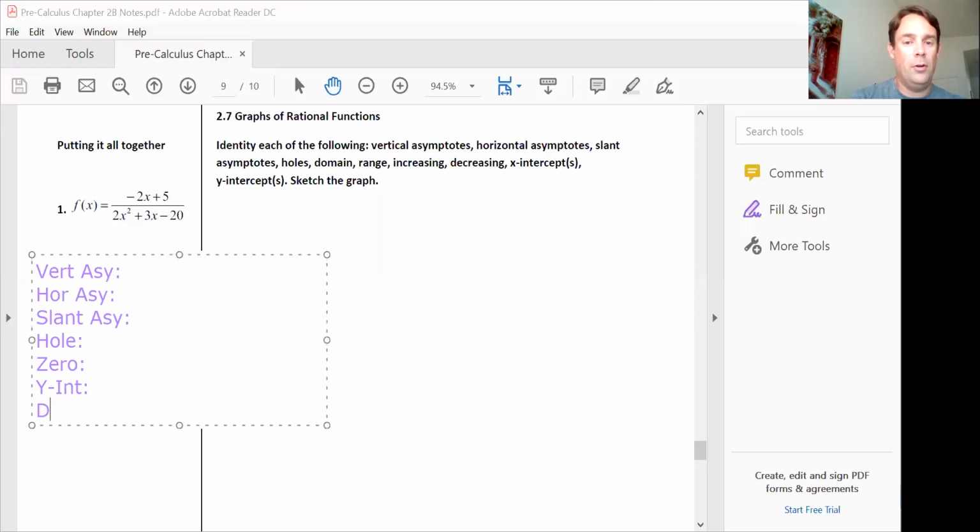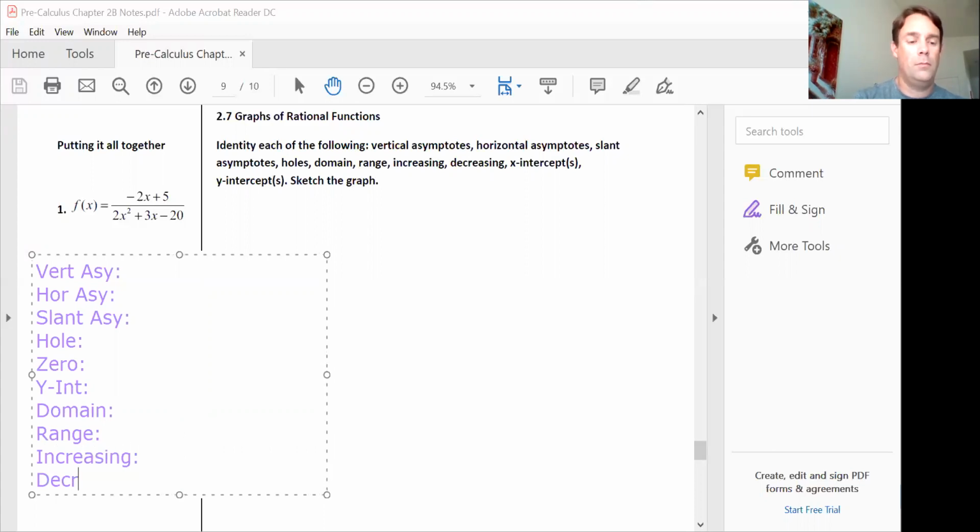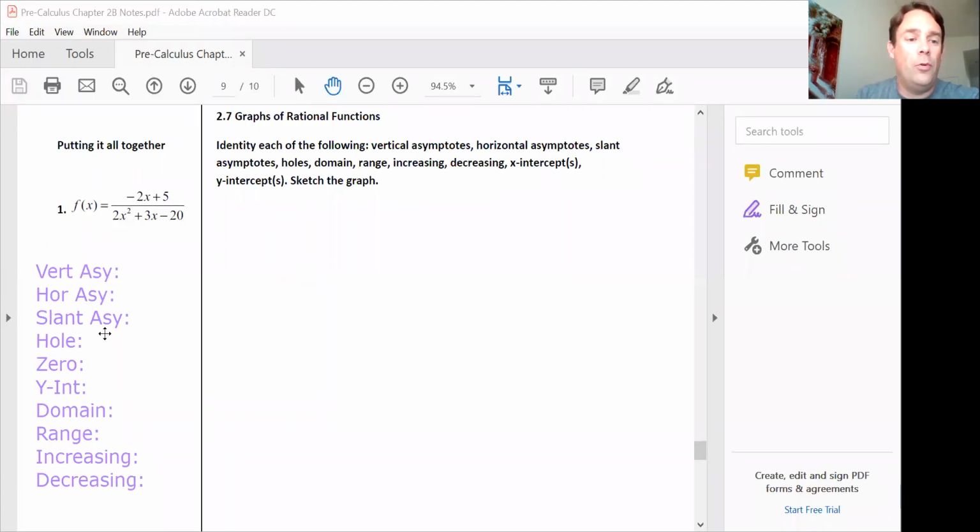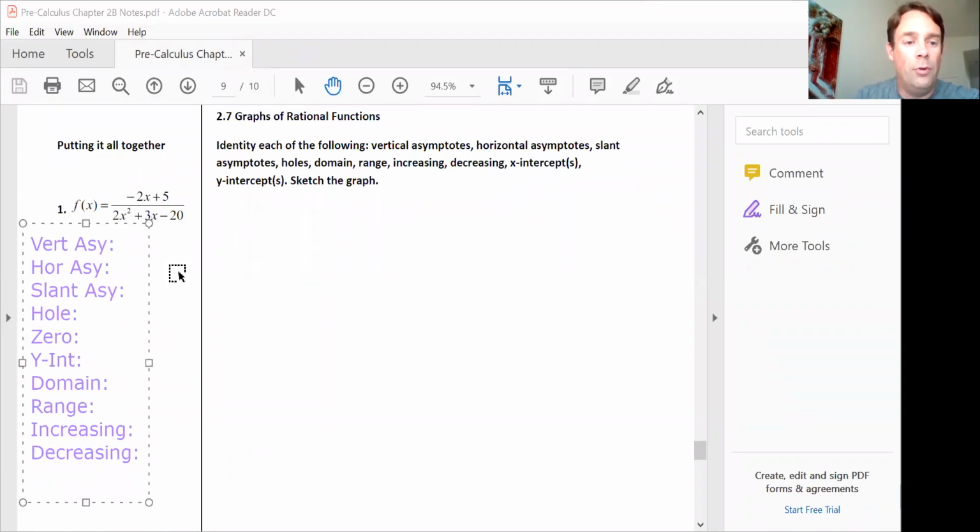We're going to be finding all of these things today for a bunch of functions. And then we're also going to be sketching these as normal. So this is essentially everything we're going to be doing with a given function.